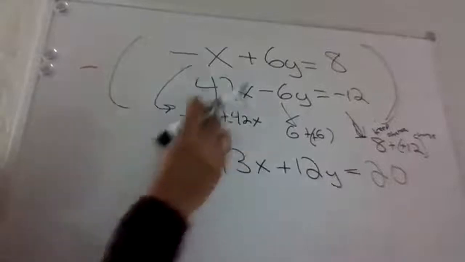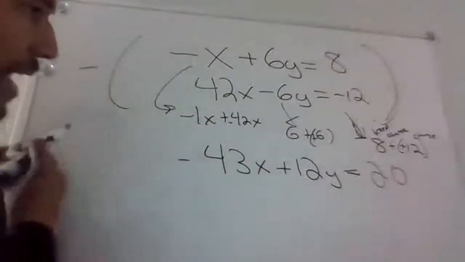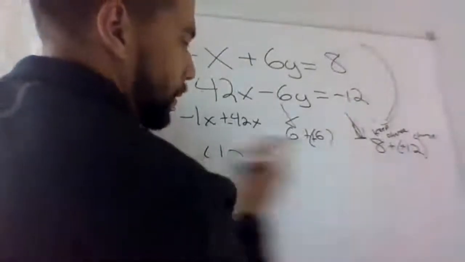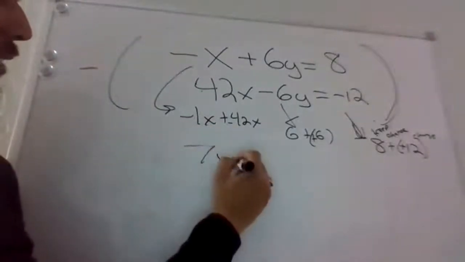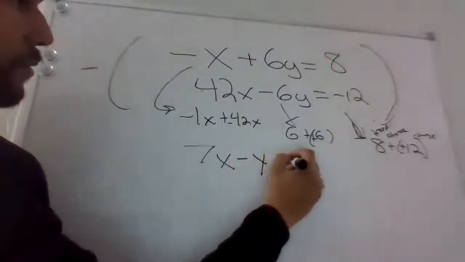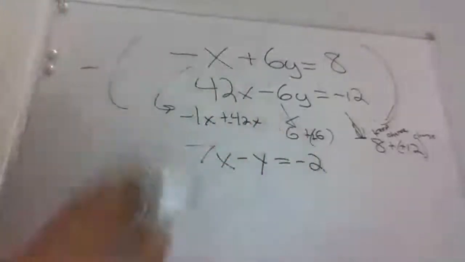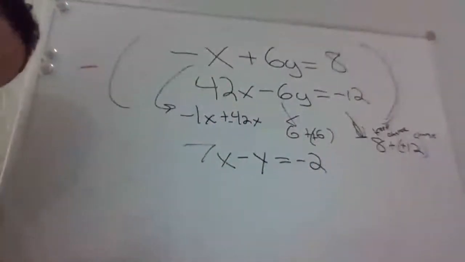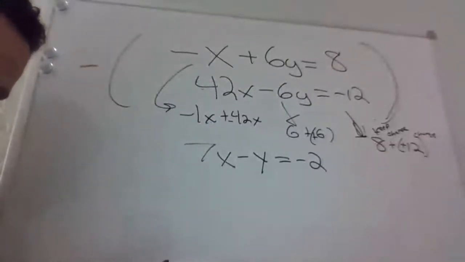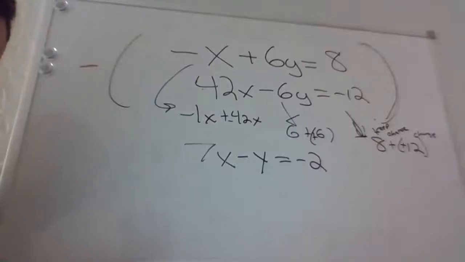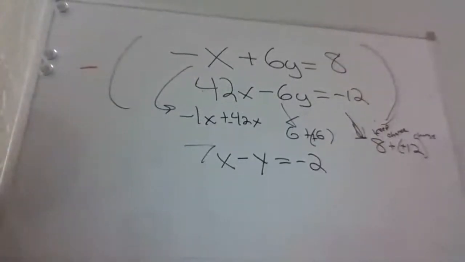So let's look at the original equation, 7x minus y equals -2, because I now know what numbers to use to eliminate one of the variables. And in this case, I'm trying to eliminate the x. Okay. Right. So I have -7x minus y equals -2.